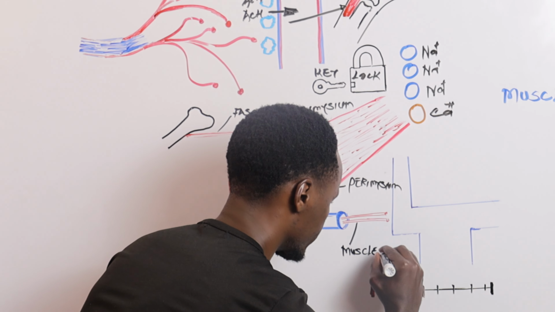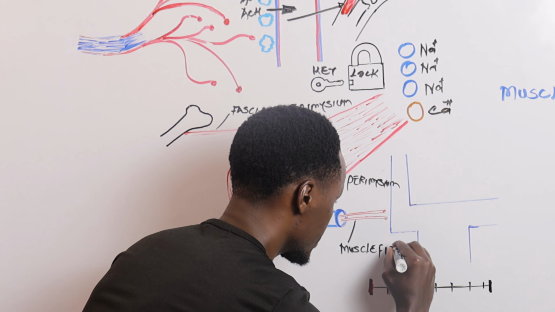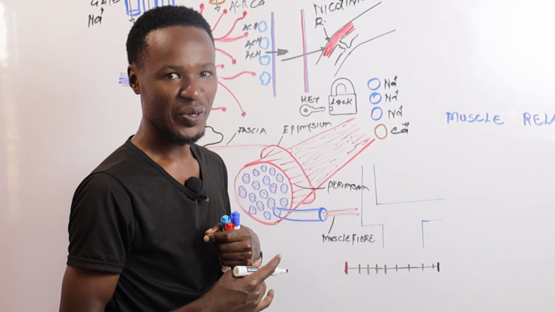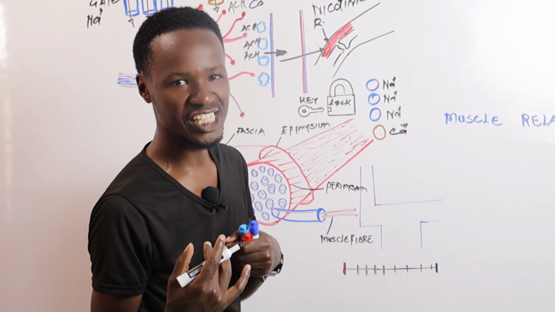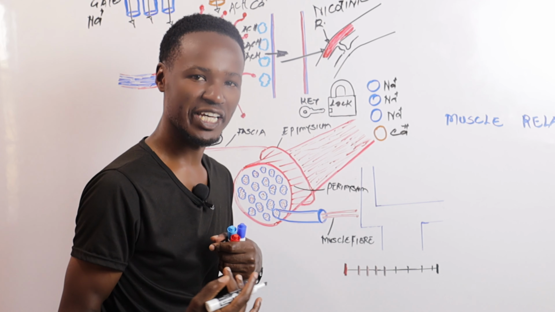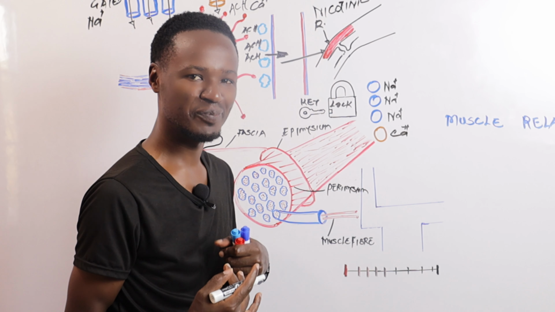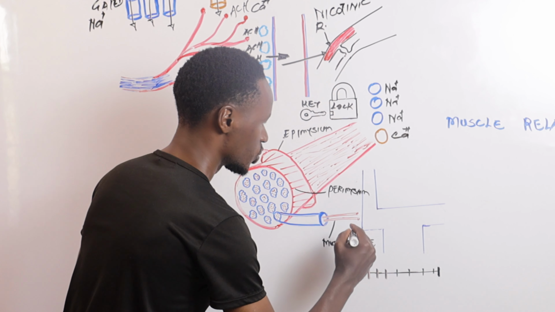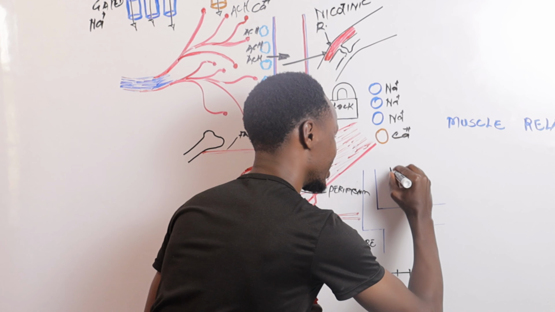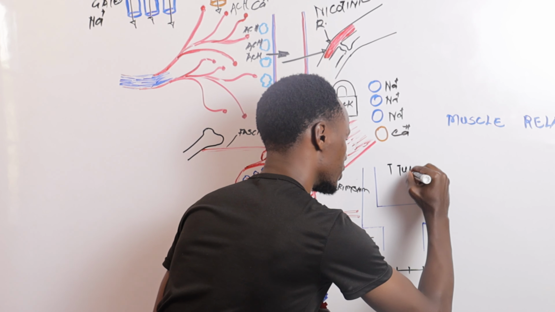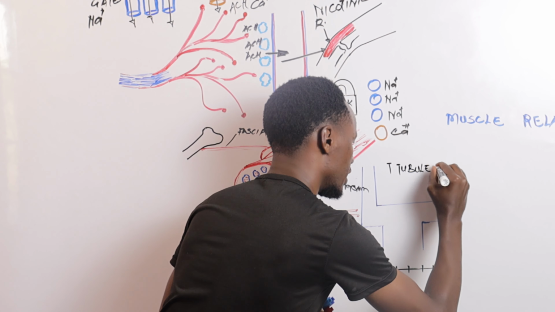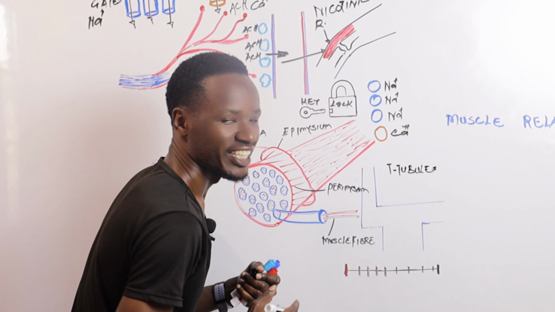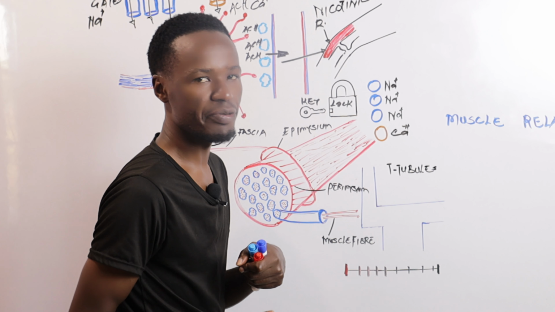Muscle fiber. And it is inside this sarcomere whereby the acetylcholine will tell the sarcoplasmic reticulum to release calcium. Let's now come here to discuss what we call the T-tubules. And in these T-tubules, it is what we are calling the myofibrils.